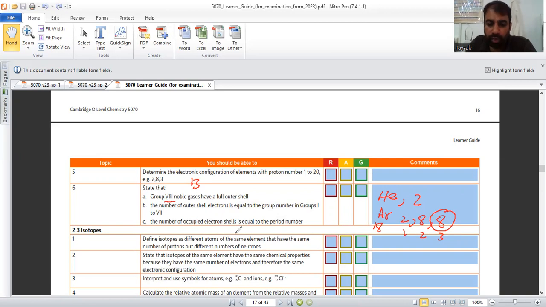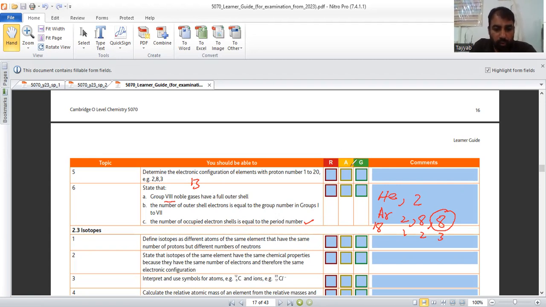It can be 2, for example, in the case of helium. Okay, the number of occupied electron shells is equal to the period number. Yes, we are clear with this one. And the number of electrons in the last shell indicates the group, in the electronic configuration of an atom.